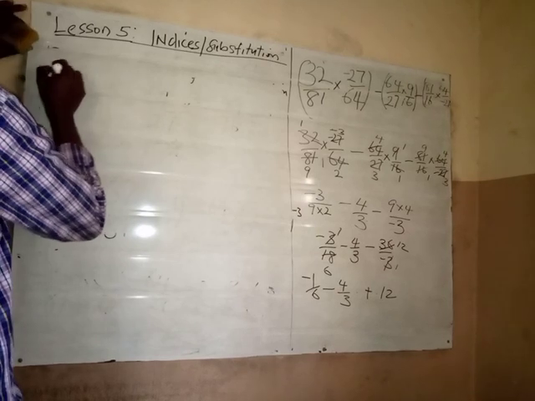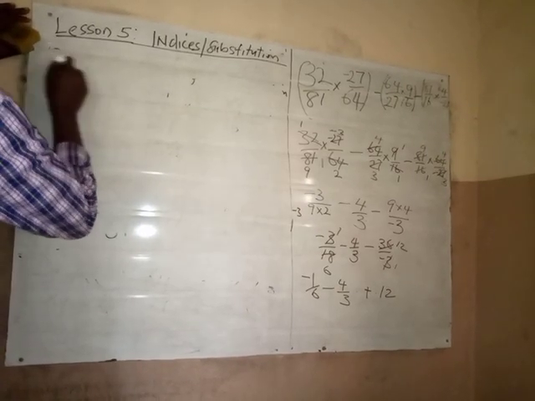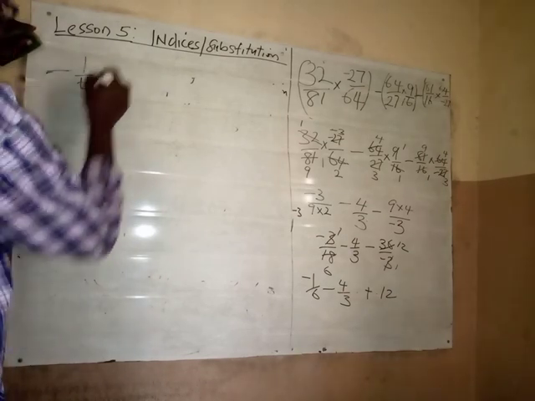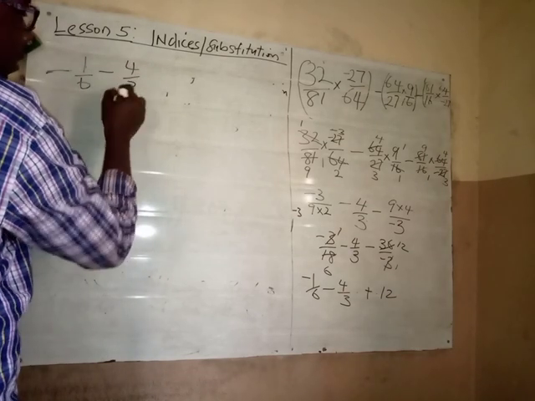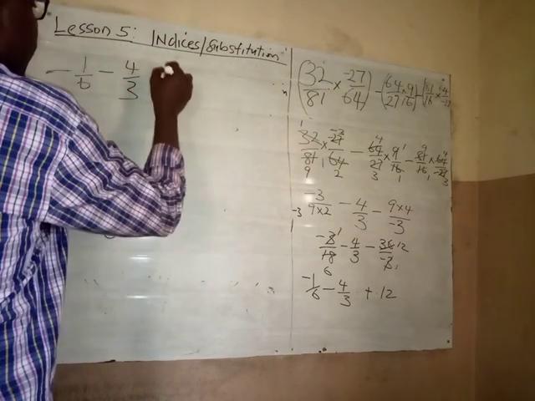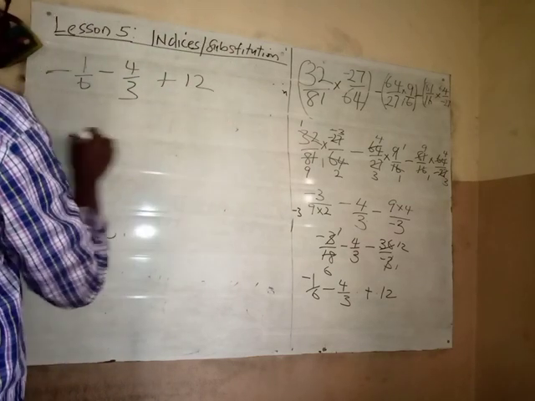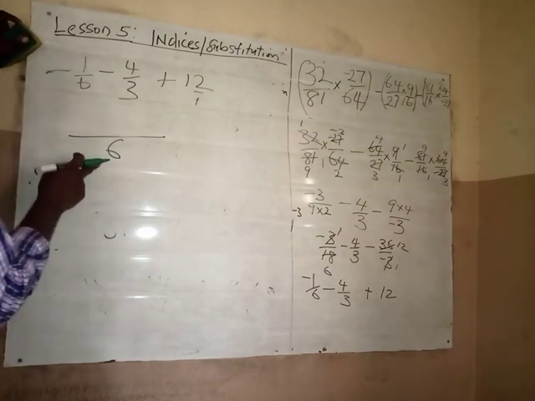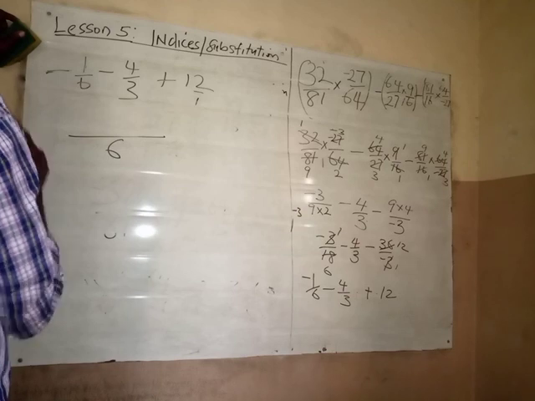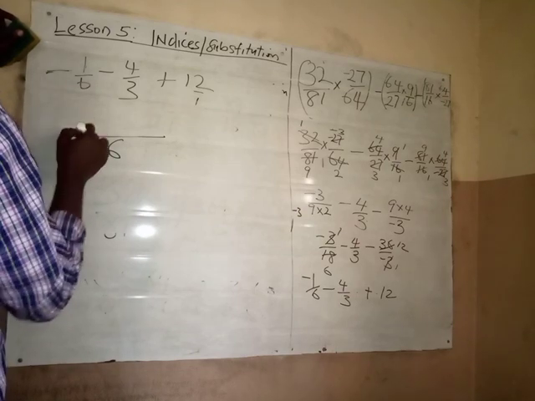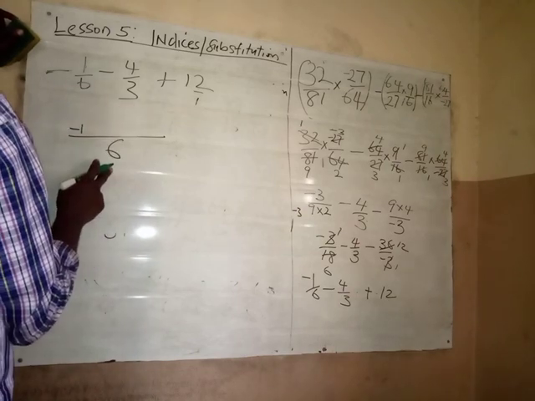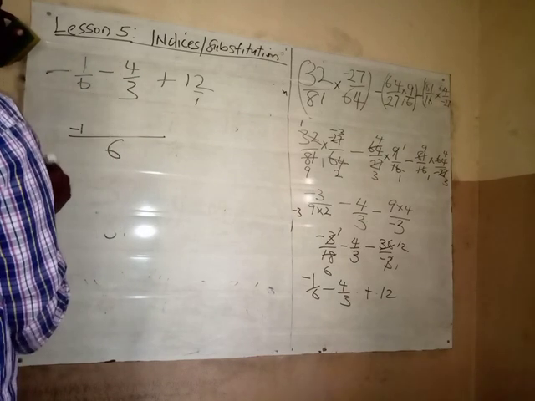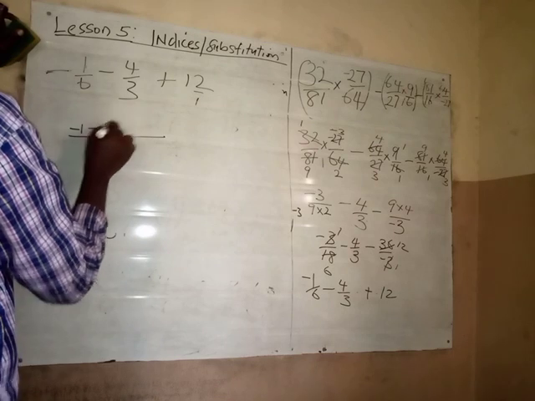What I have there is minus 1 over 6, minus 4 over 3, plus 12. LCM here is 12 over 1. LCM here is 6. 6 divided by 6 will give me 1. 1 times minus 1, minus 1. Then 6 divided by 3 will give me 2. 2 times minus 4 will give me minus 8.